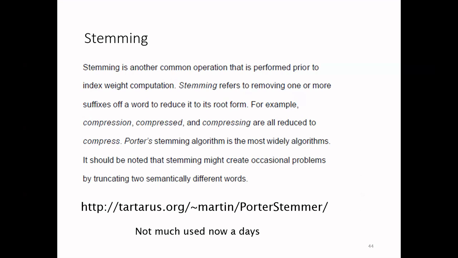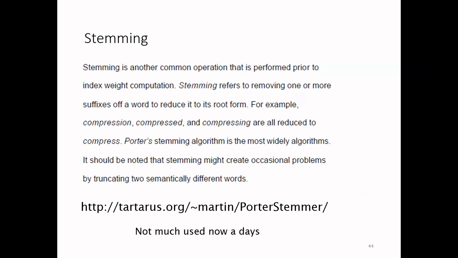Sometimes people like to perform an operation called stemming. Stemming refers to the idea of going at the root of a word. For example, you take words like compression, compressed, and compressing. These three words basically are conveying the same concept, all right?